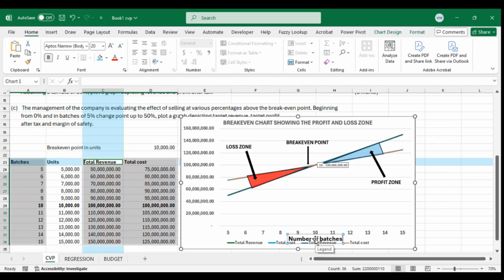Number of batches produced, that's okay.